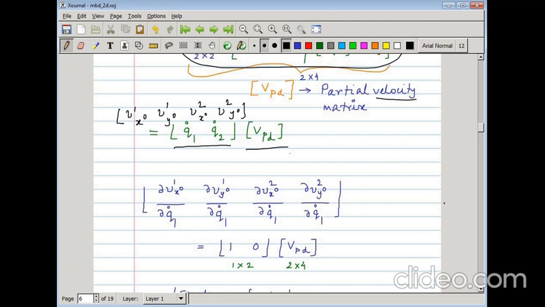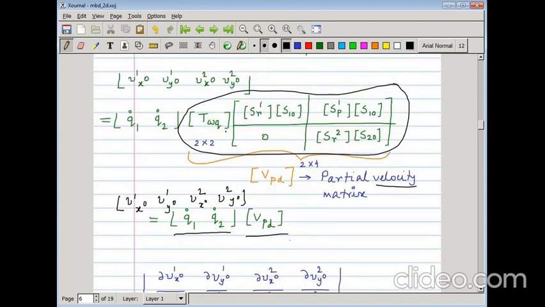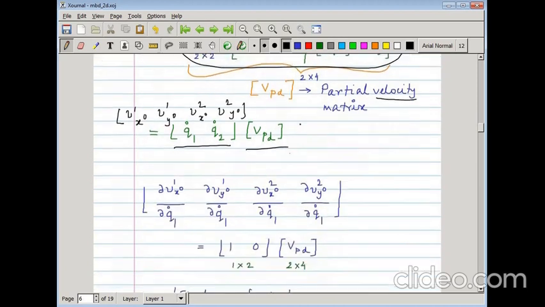See, this VPD consists of T omega q and this. None of these two matrices contain q1 dot or q2 dot. So if you take a partial derivative with respect to q1 dot, only this one will get differentiated and this will become 0, because you are taking a derivative with respect to q1 dot.